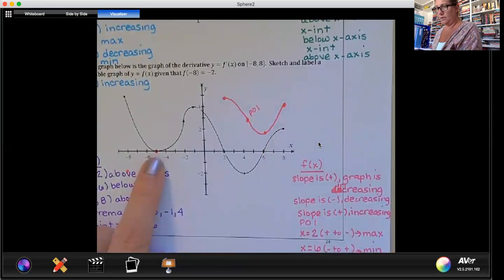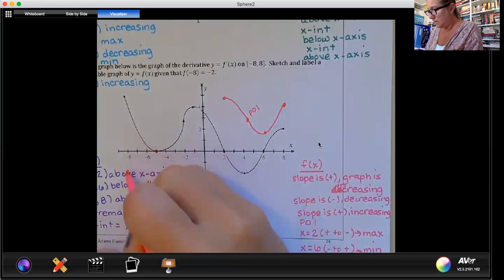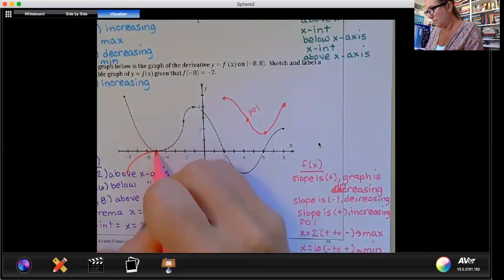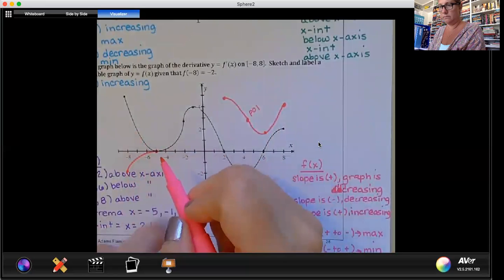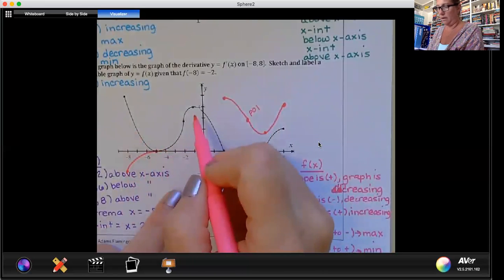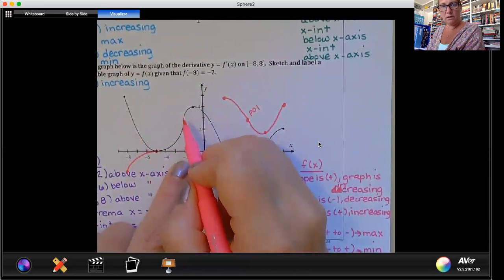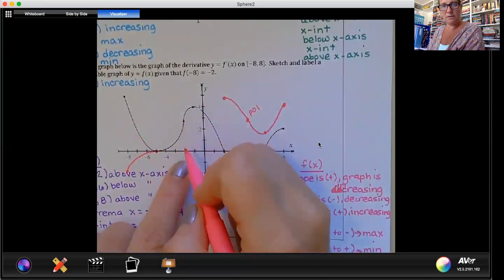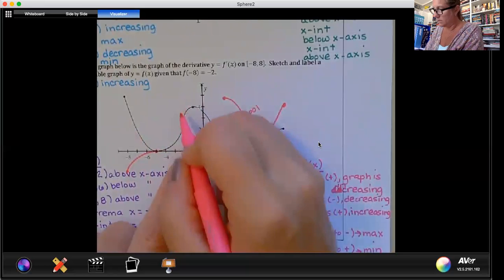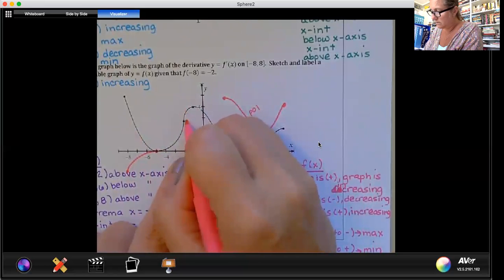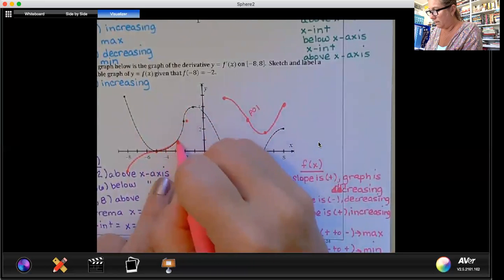So if this is a point of inflection here, then our graph may be going from concave down to concave up. Now notice at -2, you have a point of inflection on your graph of f prime. So that is going to create kind of a weird space here where we go concave up.